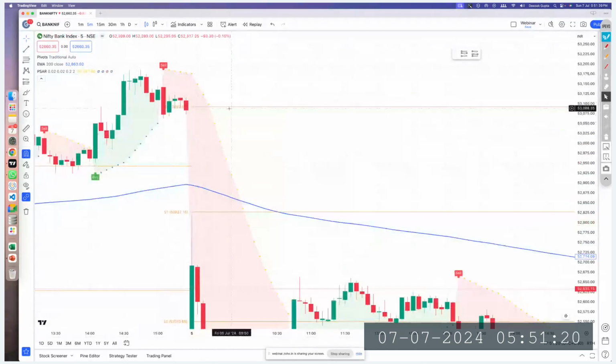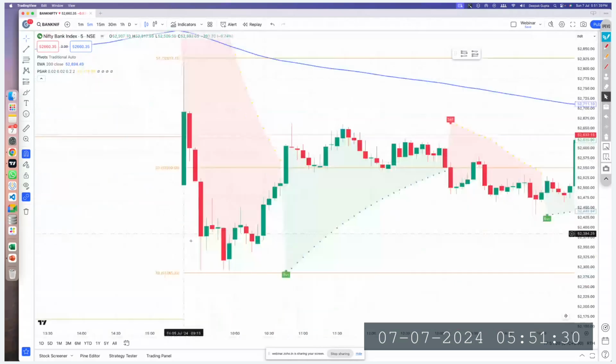That means it was already saying the momentum is building towards downside. It started from the previous day itself. We know that the price is in downtrend. So we can easily sell and we could have got a good movement on the downside.